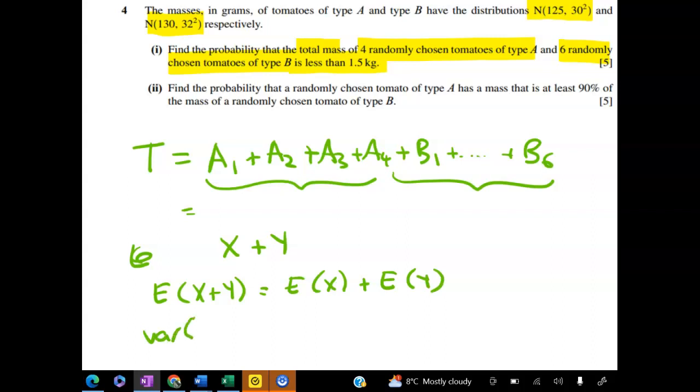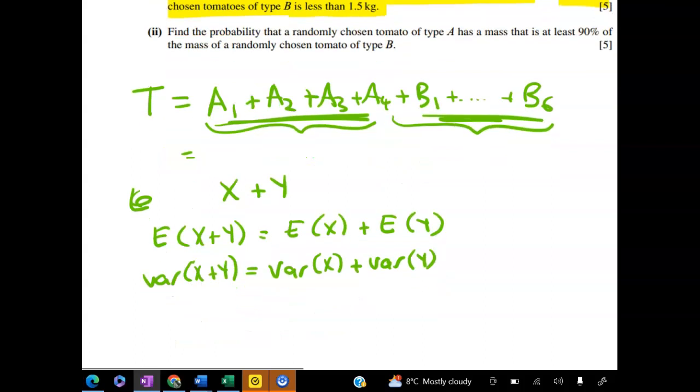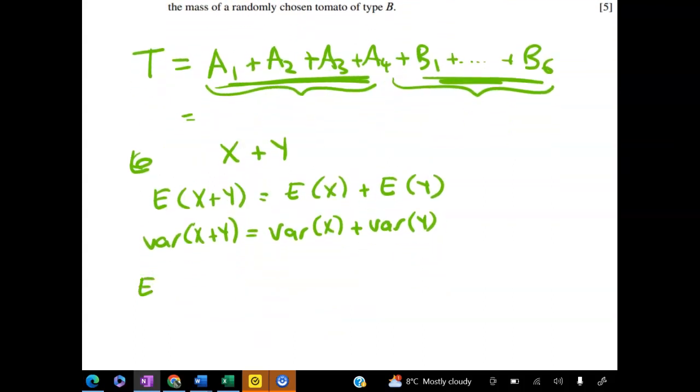And the variance of x plus y, if those variables are independent, is equal to the variance of x plus the variance of y. So what we've got here is an extension of that where we've got 4 here and 6 more here. So we can find the expected value of the total weight, and it will be the expected value of tomato 1 plus the expected value of tomato 2 and so on.